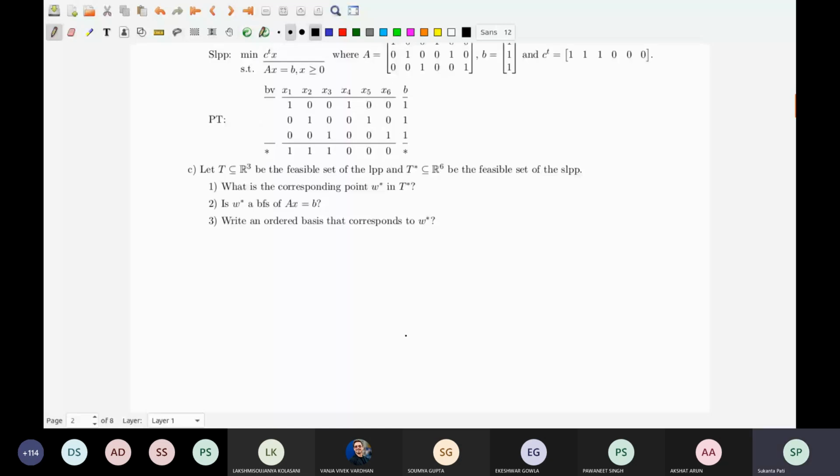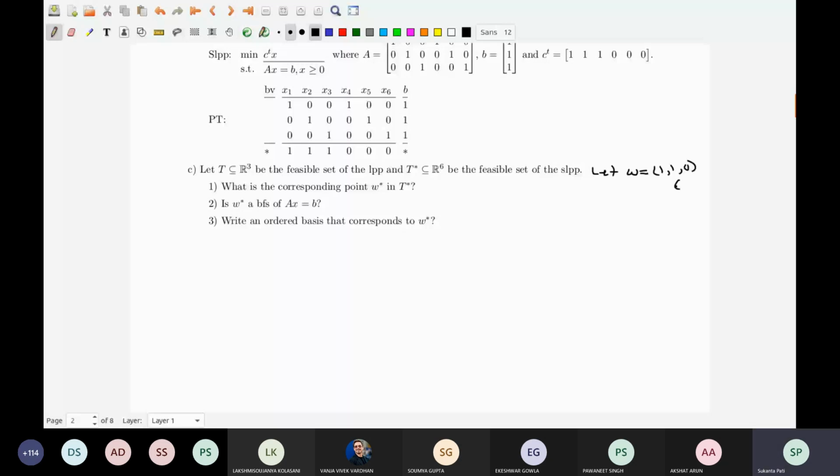Oh, I forgot to write one more line. Let W be the point 1 1 0, that is in T. I somehow missed that. So consider this point. I am looking at this corner, 1 1 0. W is this thing.